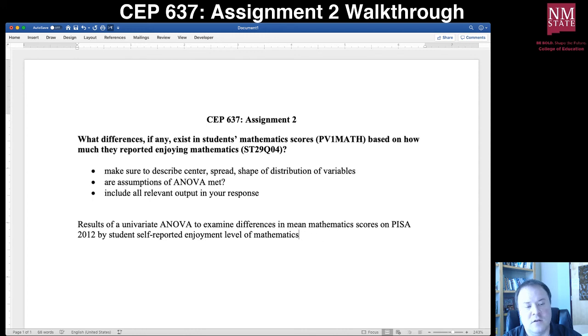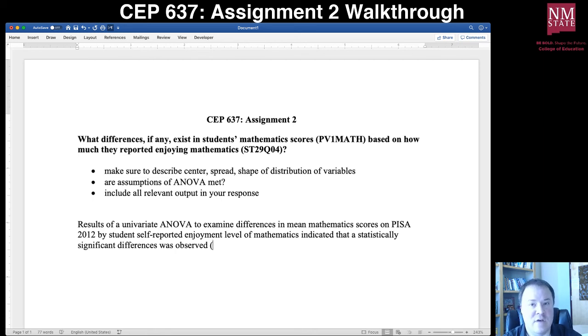I'm not going to put that in there. Indicated that a statistically significant difference was observed. Now, we need to put in some information here to back up this statement.